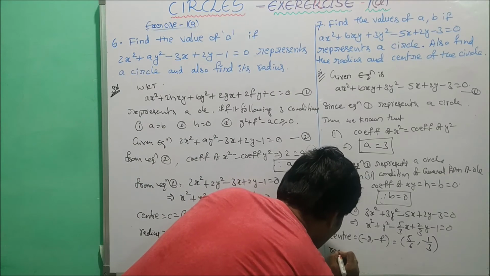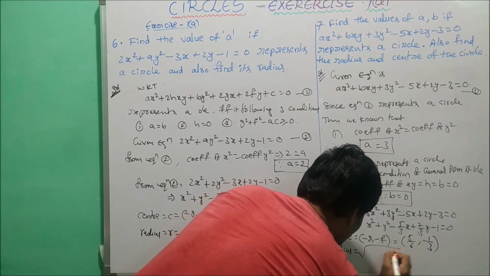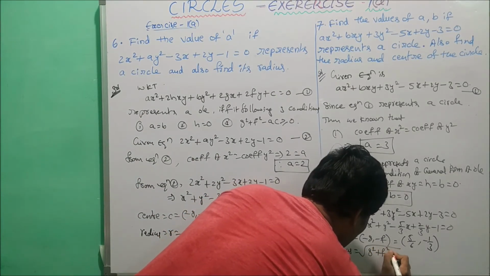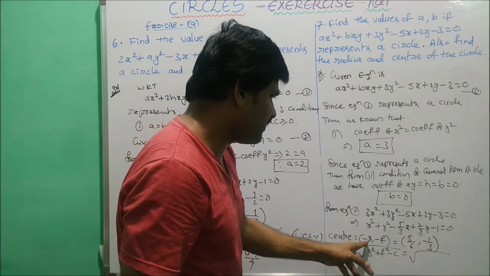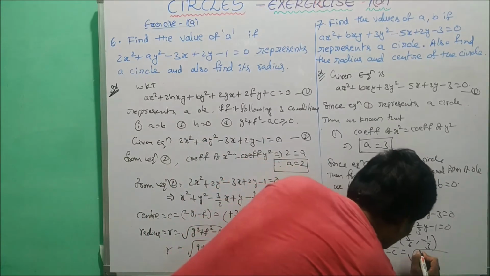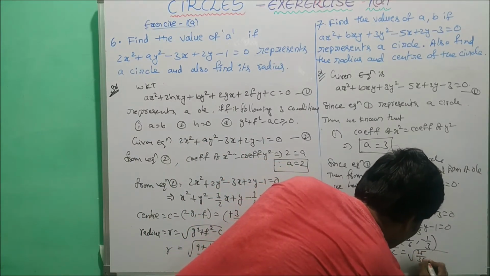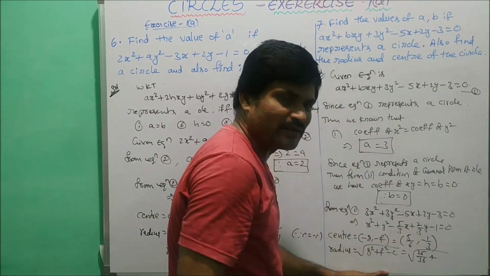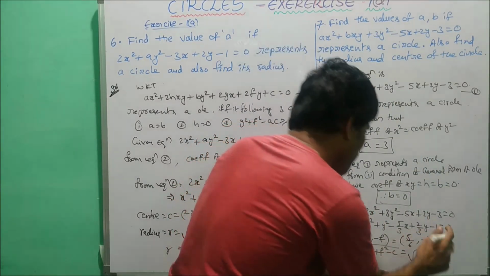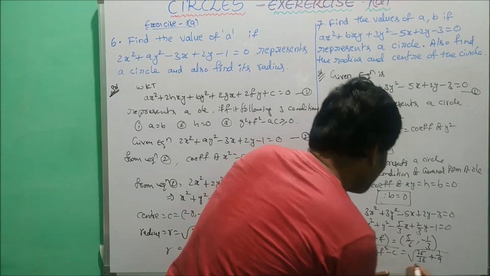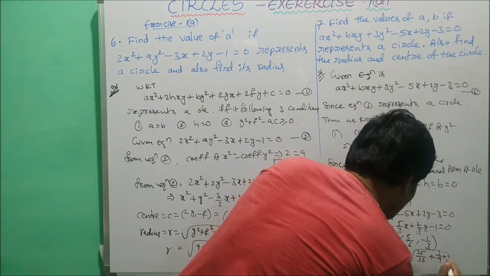Similarly, the radius. The formula is radius equals the square root of g² + f² − c. Here g² is (5/6)², that is 25/36, plus f² which is 1/9, minus c, that is plus 1.